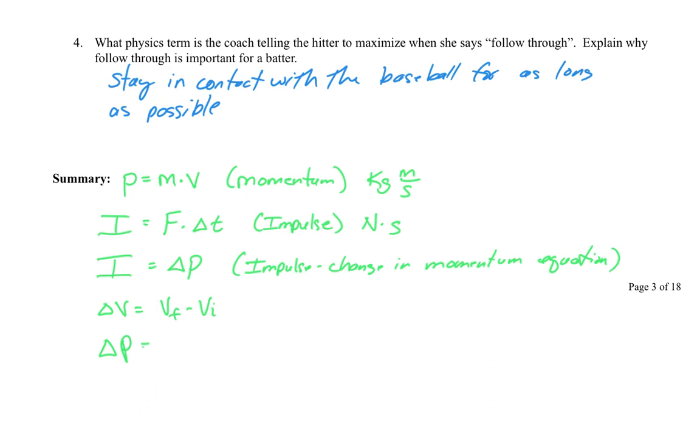A change in momentum is P final minus P initial. Or you could write change in momentum as mass times change in velocity. These equations, you should really know because they flow from the other equations. But these equations right here are equations that I will always give you on any quiz or a test.